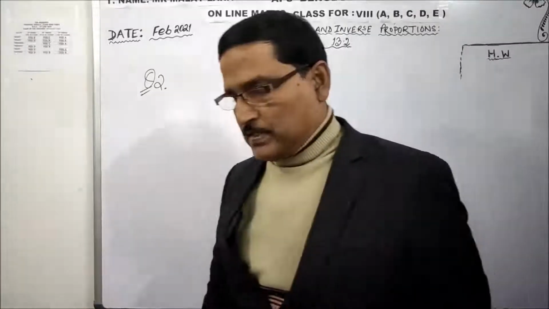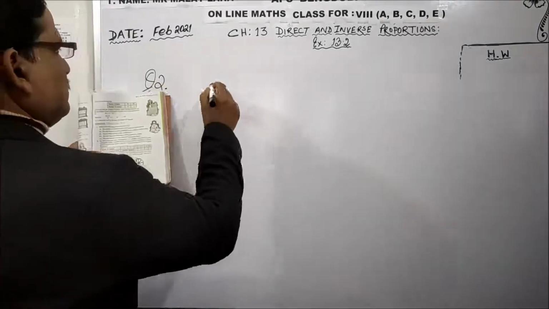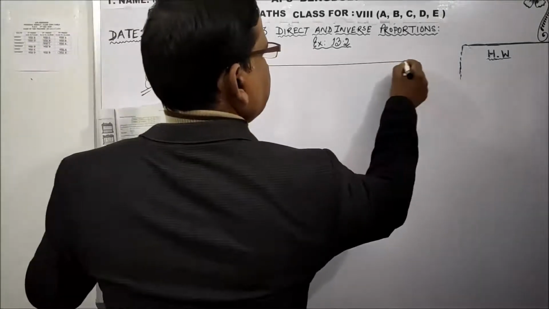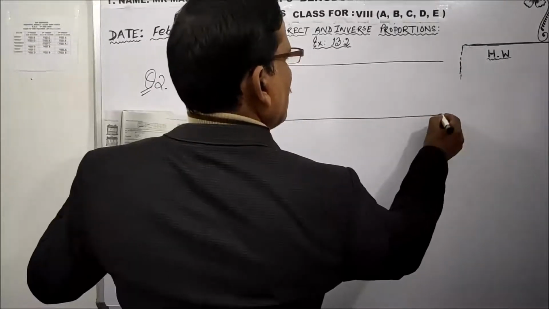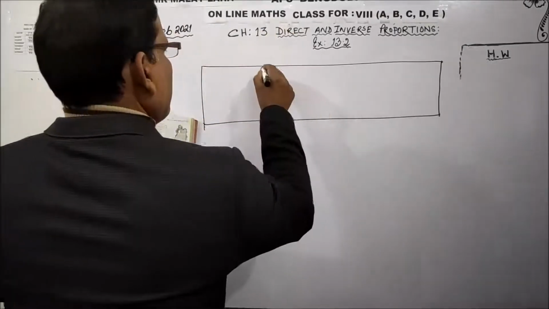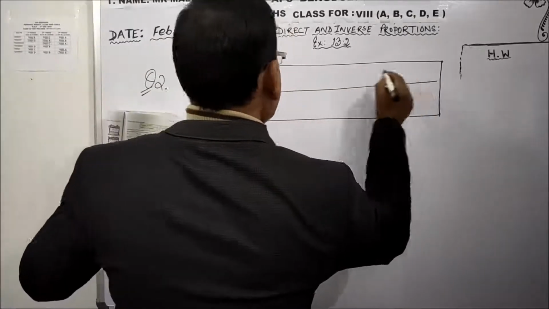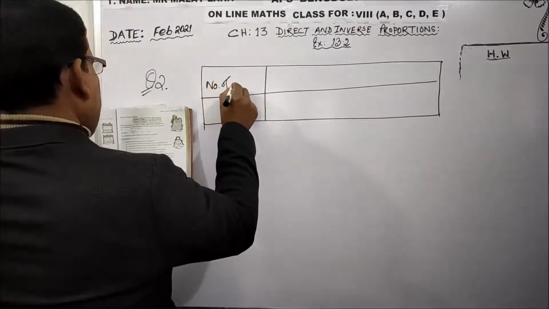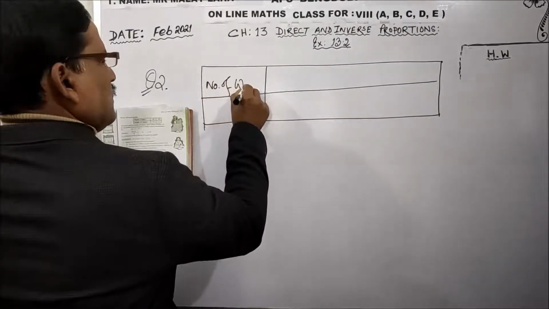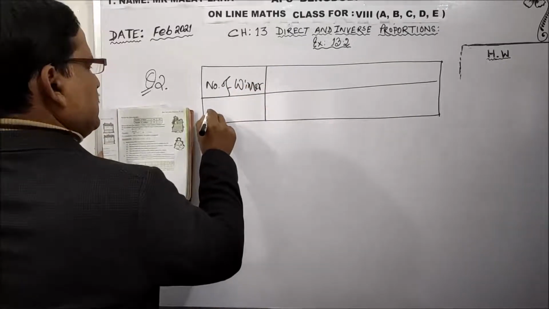Okay. So first of all, complete the table. You will complete the table. You just write it down, and thereafter you have to solve one by one. So this is the number of persons, the winners, and the prize money.